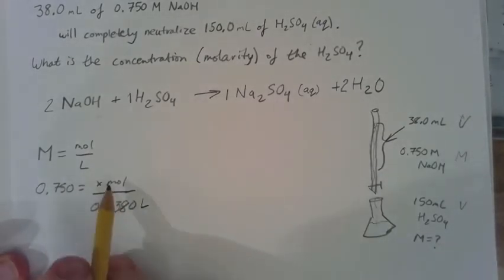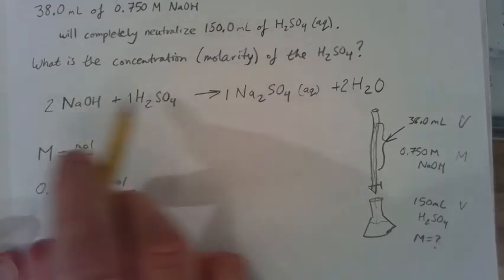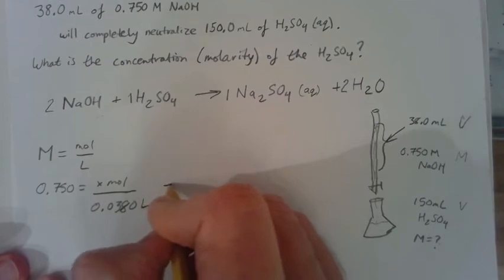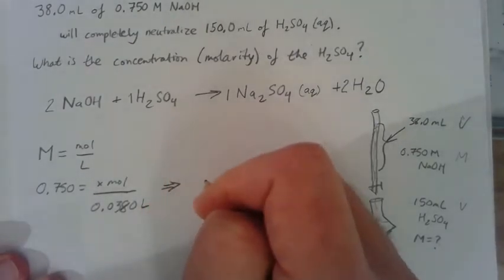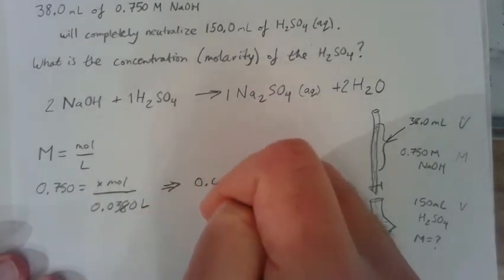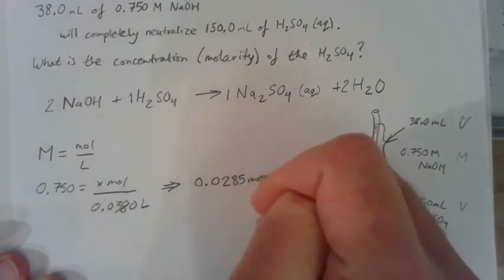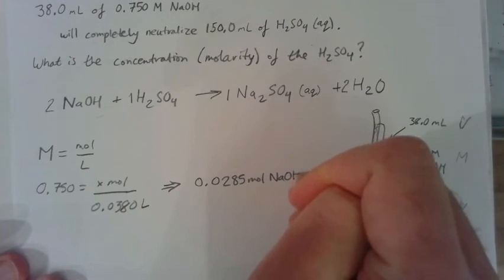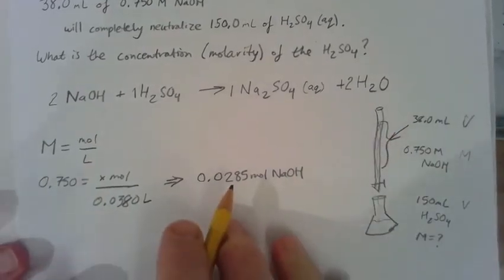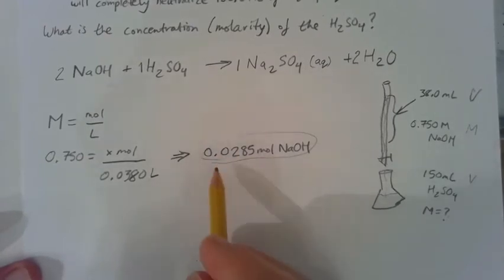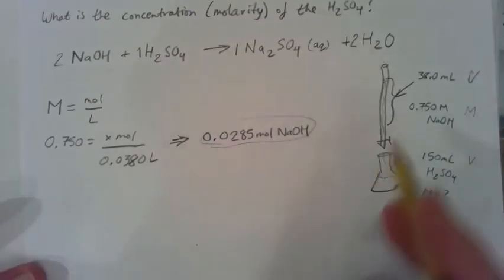We're trying to find the moles, because really what matters up here is the moles of each of these. That would give us 0.0285 moles of sodium hydroxide. Now, we are going to use this as the starting point for our stoichiometry, because this is really just a stoichiometry problem.